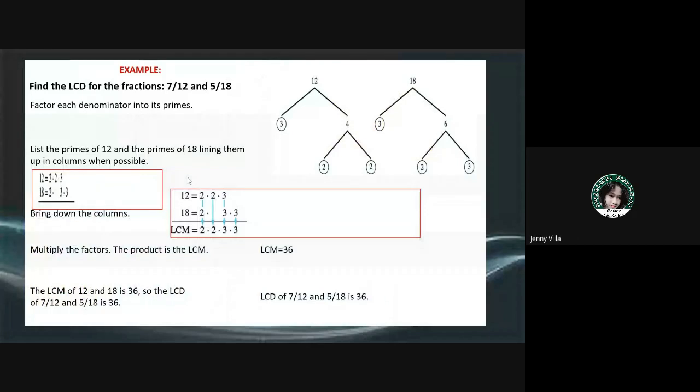Right. So, I'll teach you another method on how to get the LCD before letting you answer some of the examples. So example, find the LCD of the fractions 7 over 12 and 5 over 18. Factor each denominator into its primes.